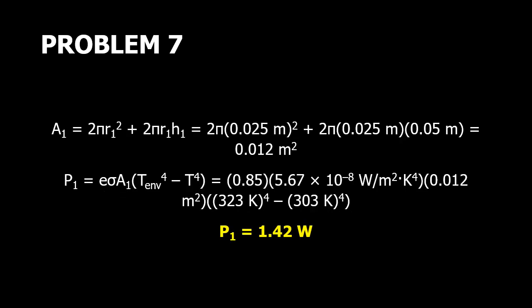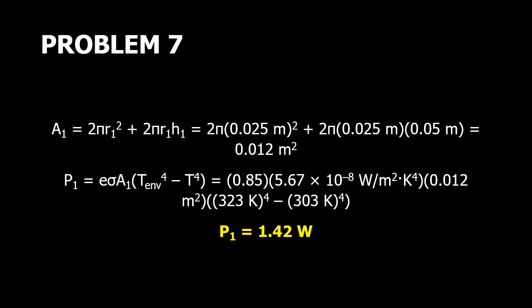In this problem, we first find the initial area of the cylinder. If you recall in your geometry, the surface area of a cylinder is equal to 2 pi r squared plus 2 pi rh. In this case, we are dealing with the initial area of the cylinder.